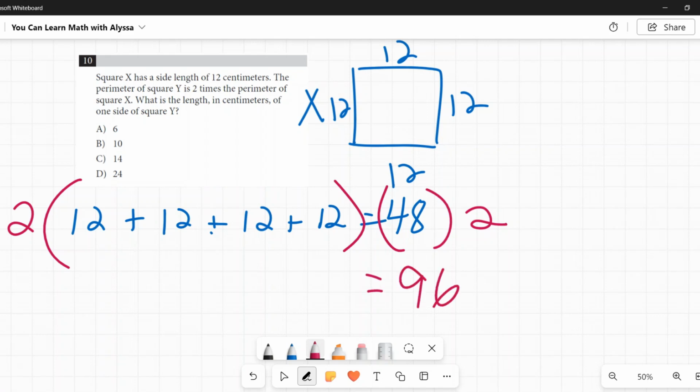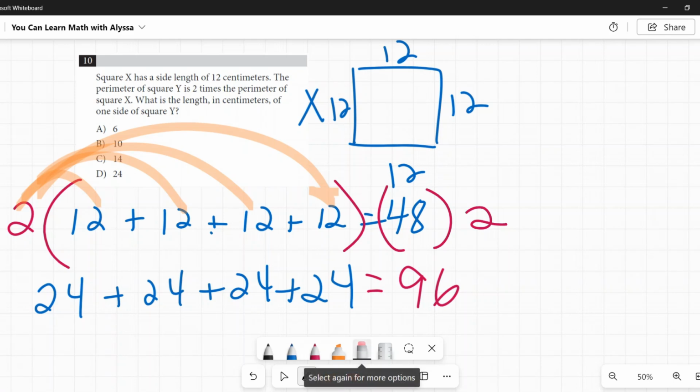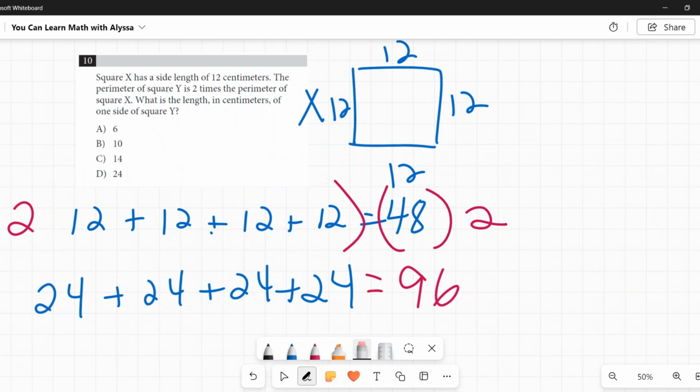So on the right, I would have 96, and just to make a point, I'm going to distribute this. Boom, boom, boom. So then that becomes 2 times 12, or 24, plus 24, plus 24, plus 24. So there, algebraically, is why that one side is 12. If the perimeter is doubled, the side is also doubled. It would be 24. So hopefully that makes it a little clearer, showing you a couple different ways to view this.